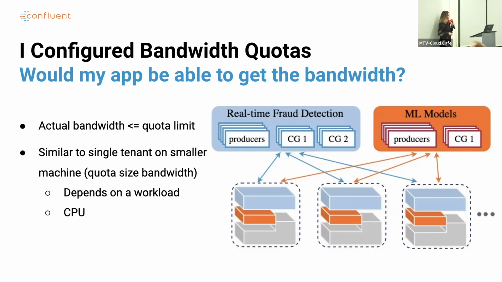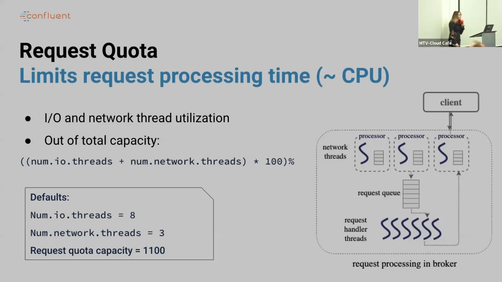But we notice it's sometimes easy to design an application with too many clients, each with very low throughput, and the same bandwidth ends up being achieved with lots of requests, and requests take CPU. In that case you get less, and how much less depends on how much CPU you have. So at least set your request quota, because you want to limit CPU as well, otherwise somebody can easily take over.